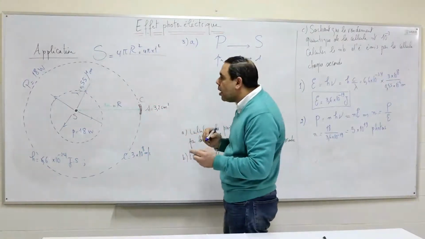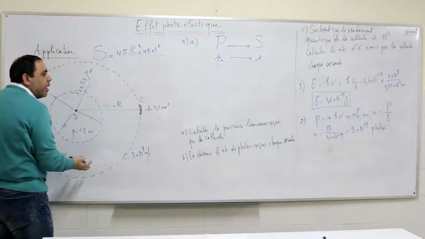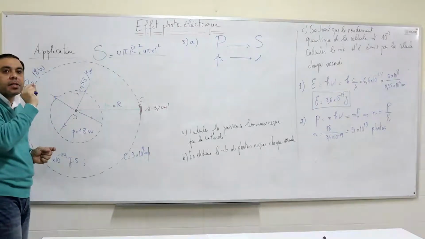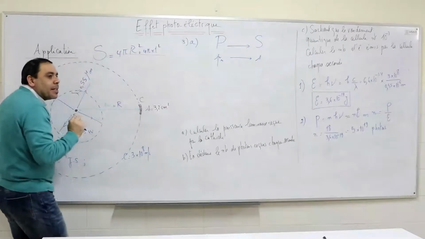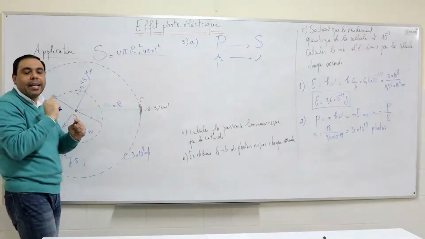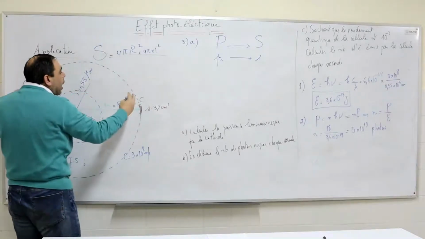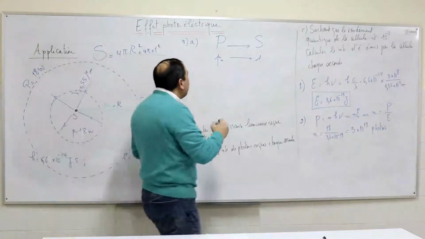The power of the source is distributed over all the big surface. A part of this distributed power is received by the small area.